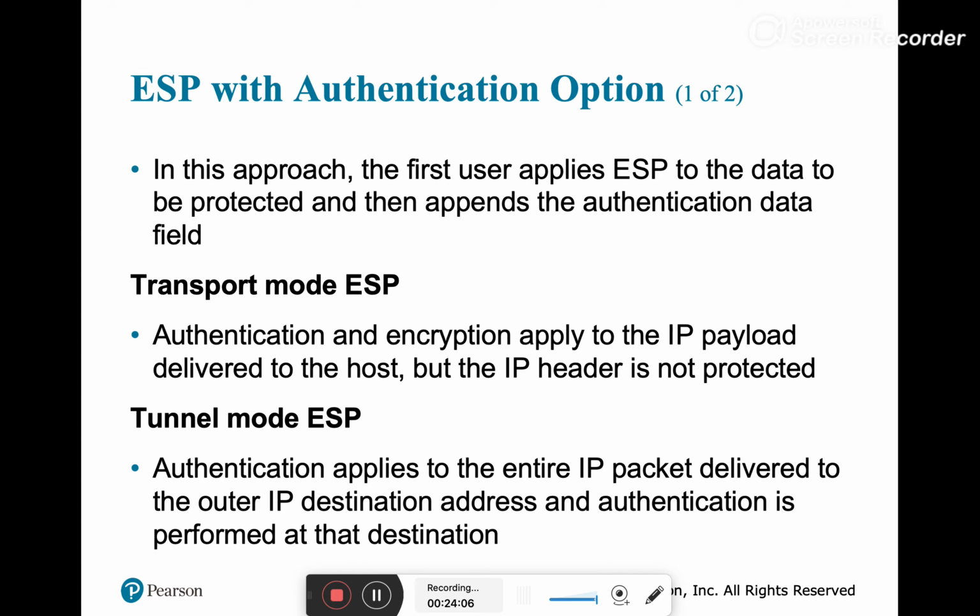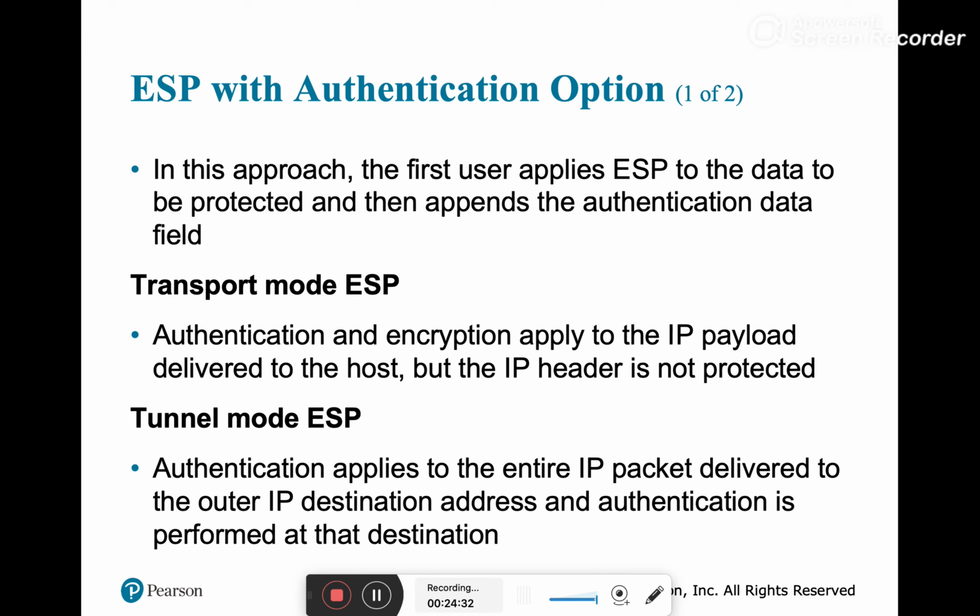Okay. ESP with authentication option. Excuse me, doctor. Yes. It is still not clear what the benefit of bundling is, or what bundling exactly is. Bundling means that you want to use encryption and authentication together, as we are going to discuss now. One option is you can use ESP only.